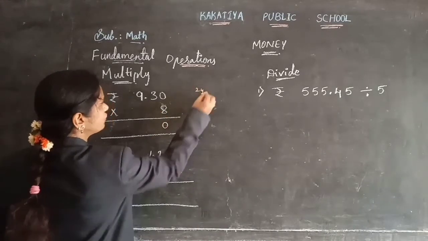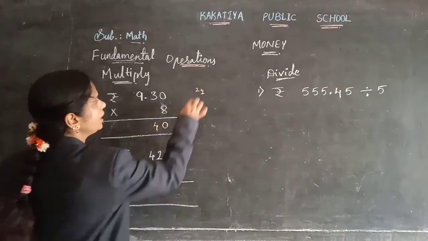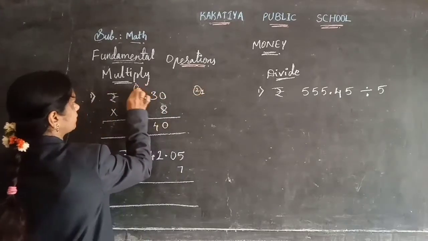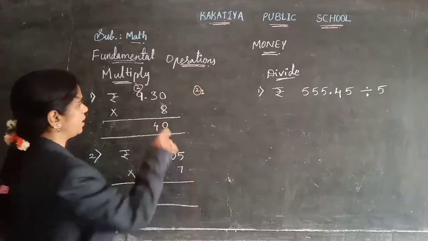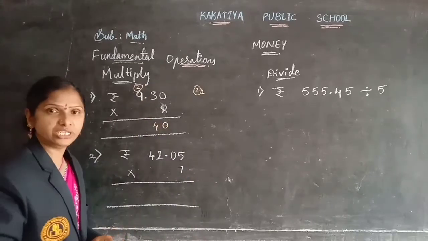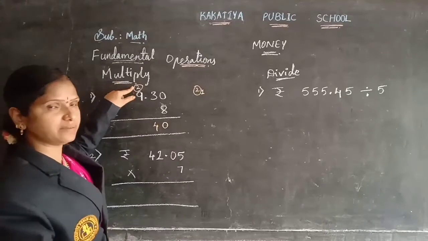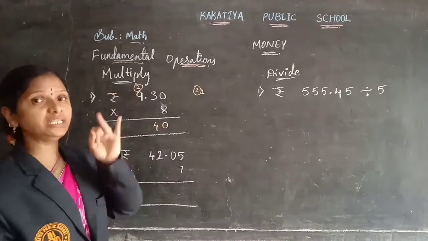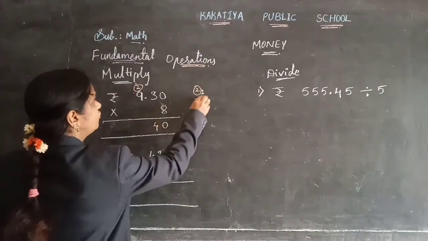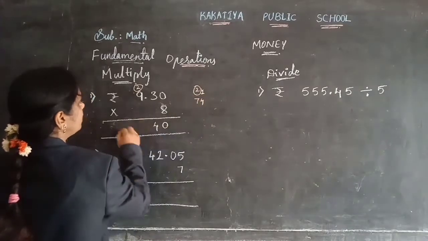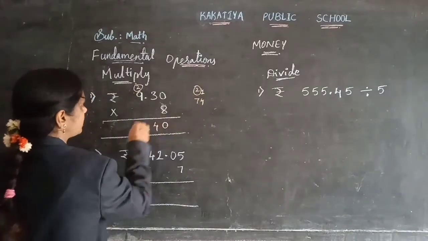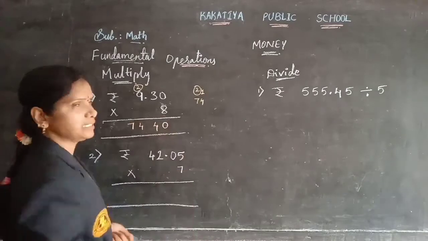So 24 means 4 here we are writing, and 2 we are taking as a carry. Okay. Now 8 nines are 72. 8 nines are 72, and you need to add the carry. 72 plus 2 is 74. Okay. 74. Here we don't have the next digit to take the carry, children. So 74 I am writing as it is here.